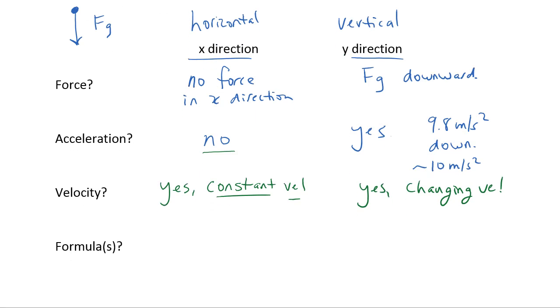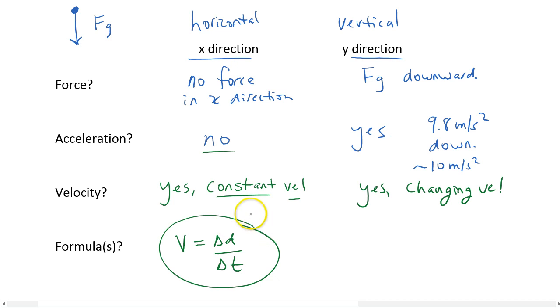So when we do calculations in the x direction, which formula do we need? There's really only one formula we need, the one for constant velocity. And what is the formula for constant velocity? V equals delta d over delta t. This is good for constant velocity.